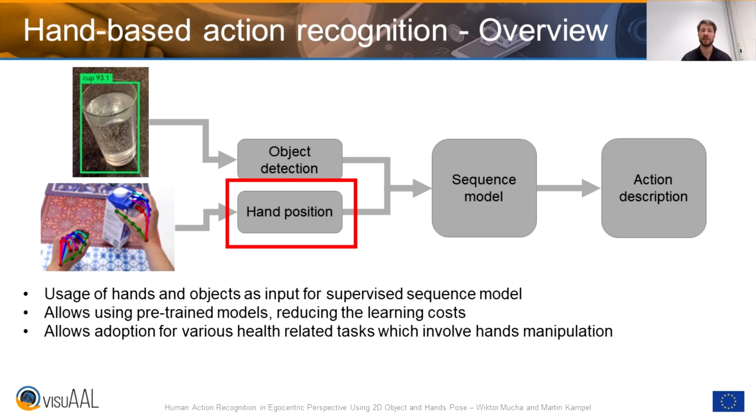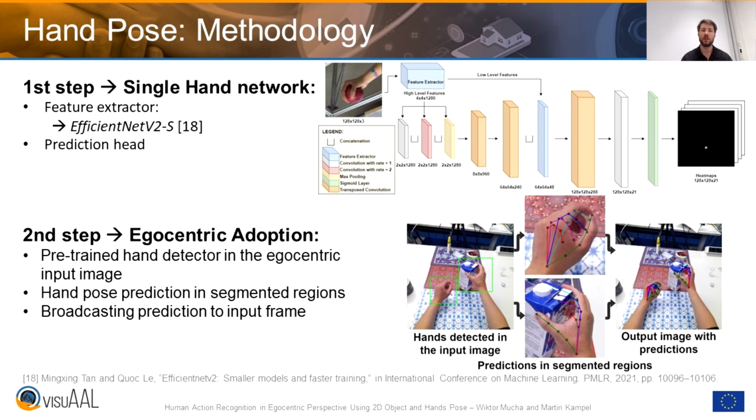First, let's go to the hand positions. Here, to perform the 2D hand pose task, we are employing the EfficientNet V2 network as a feature extractor. These features are passed to the prediction head, which is responsible for upsampling embedded features to the heat maps representing positions of 21 key points in each hand.